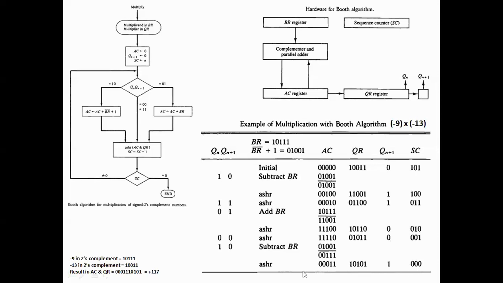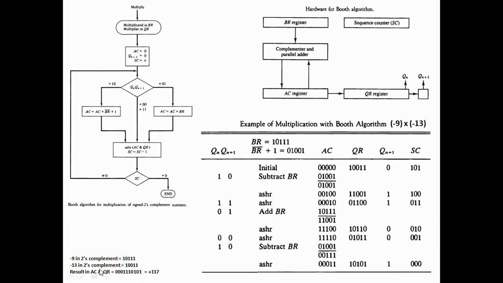Since the counter is now 0, the flowchart says that now you have to go in this direction. Going by this direction, I reach the end, which means I have found the result. Where is the result? The result is in AC and QR.